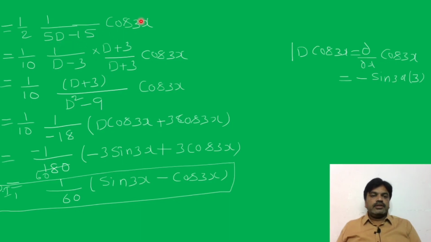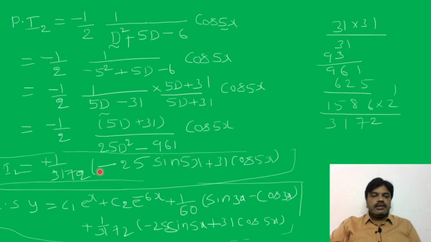When we apply replacement of trigonometric function, it is whenever it is d square, friends. So you rationalize the denominator, we get d square, then you replace d square by minus 3 square, finally we get this constant, and multiply by d plus 3. Then in a similar way we get particular integral 2.